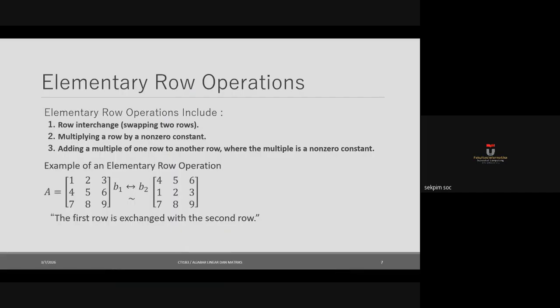The first one is row interchange. The second one is multiplying a row by a non-zero scalar or non-zero constant. And the third one is adding a multiple of one row to another row.